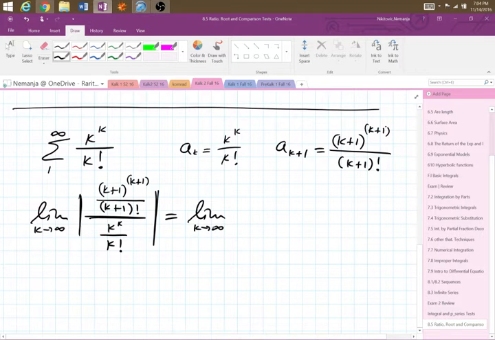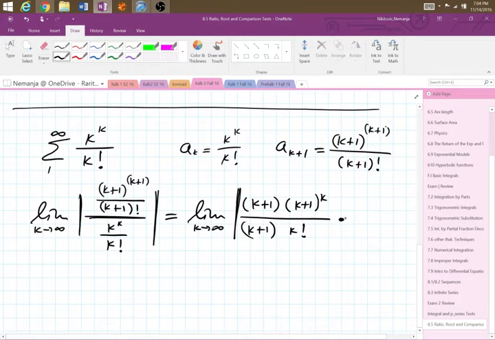And now I'm going to peel off. So we have k plus 1 and then k plus 1 to the k, divided by k plus 1 and then k factorial, times, flip the other one, which is k factorial over k to the k. Okay?